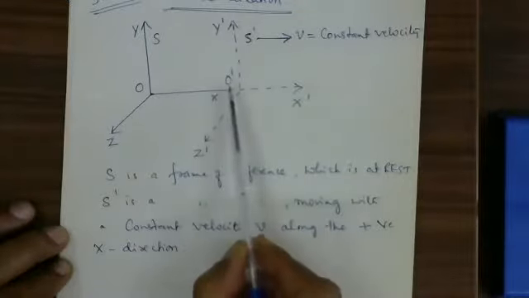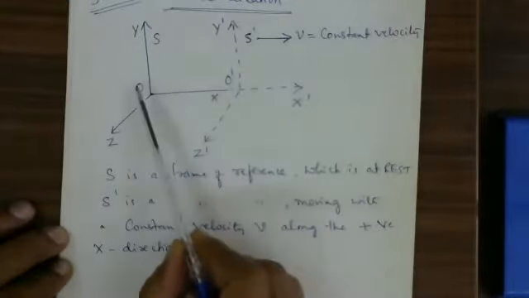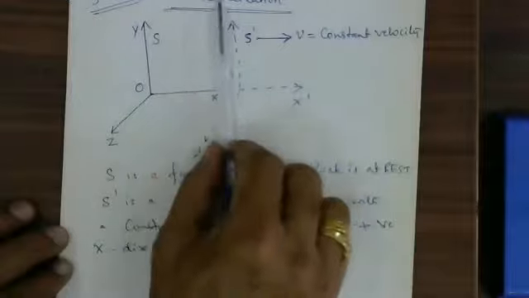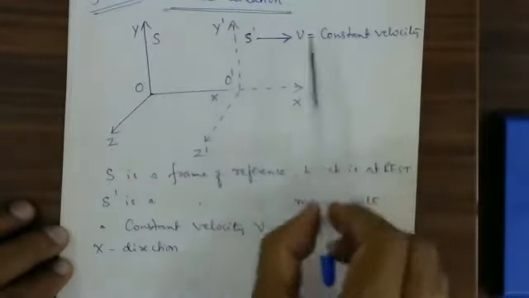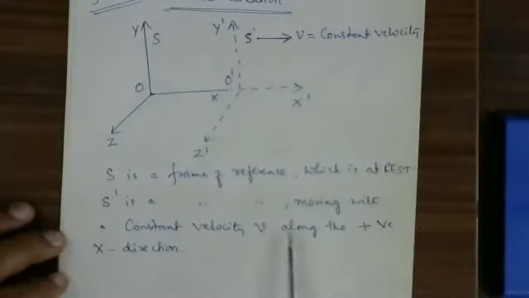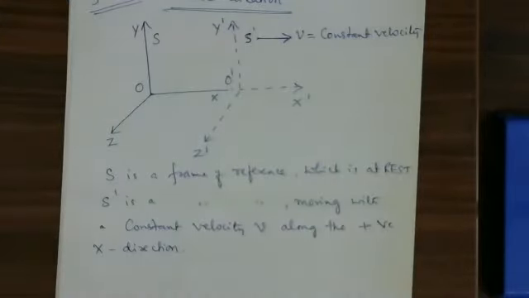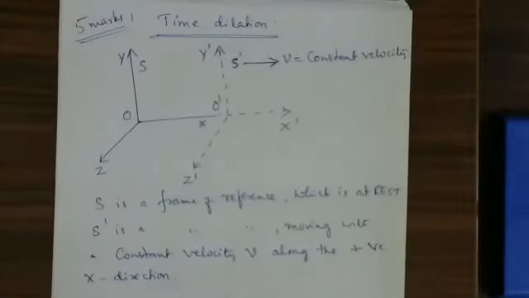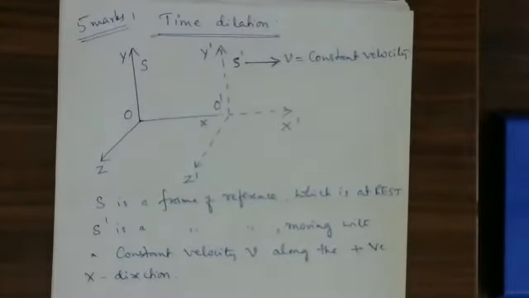When the time interval is 0, O and O dash coincide. As time increases, it keeps moving like this with a constant velocity, which is equal to V. Have I made this understood? Only 2 lines that I have written, understand the concept.